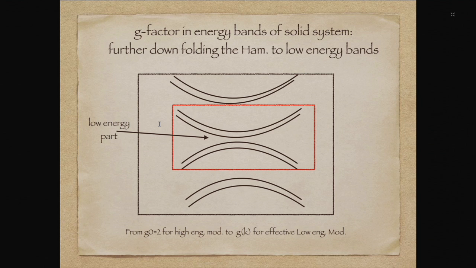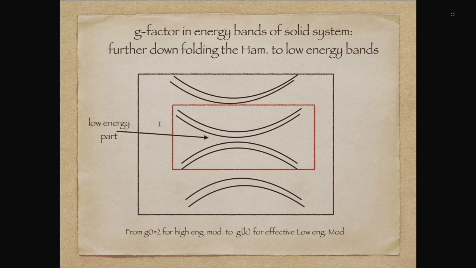So during the downfolding process, this G factor gets strongly renormalized because there are matrix elements of the vector potential in between two different bands, among a high energy band and the low energy bands.